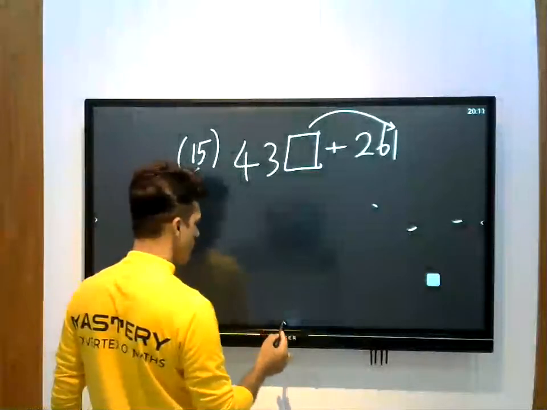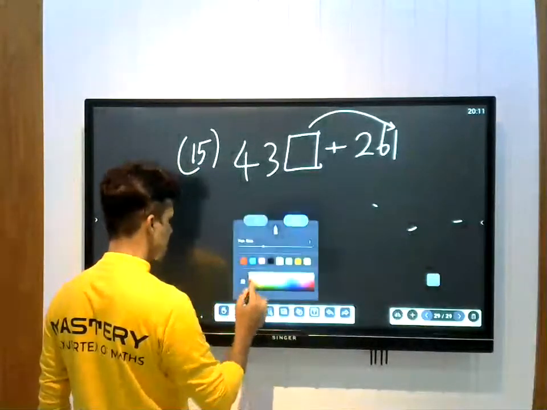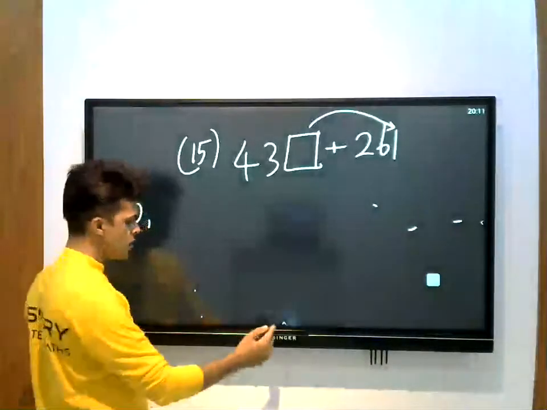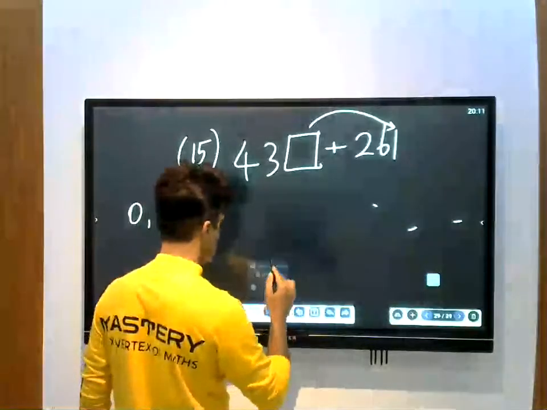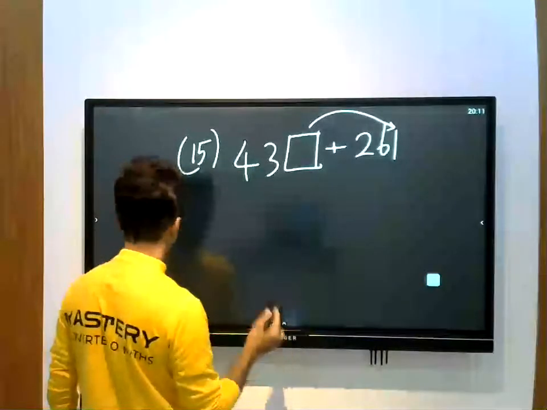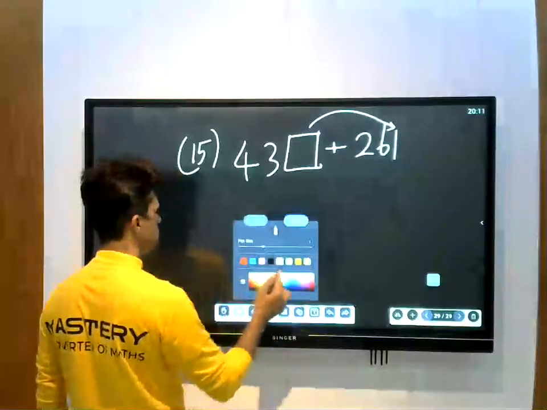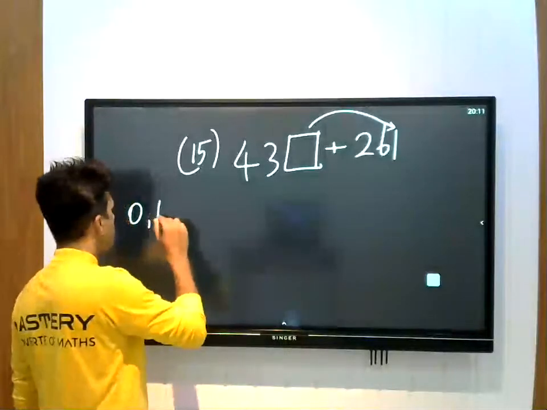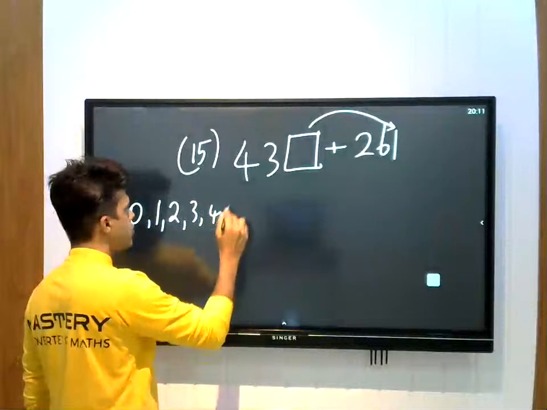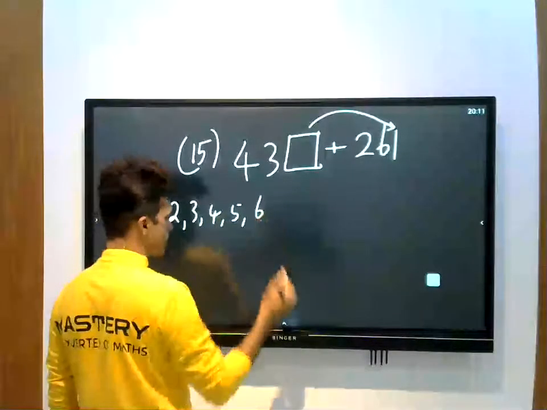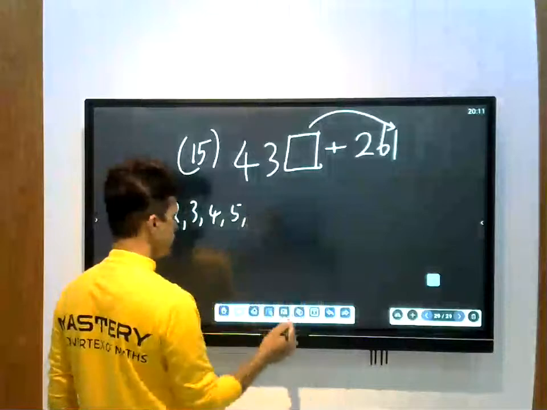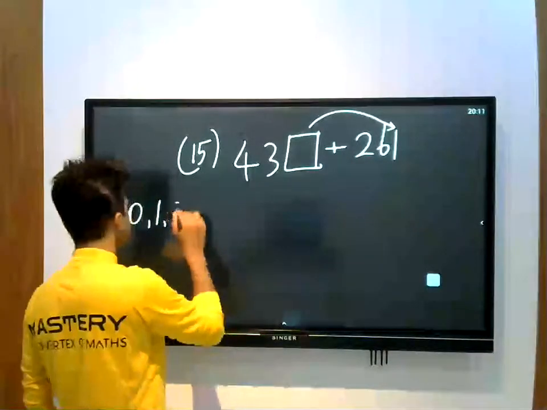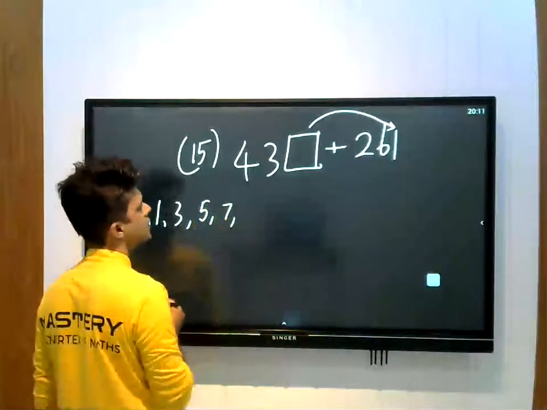You could write these, 0, 1, 3, 5, 7, 9.